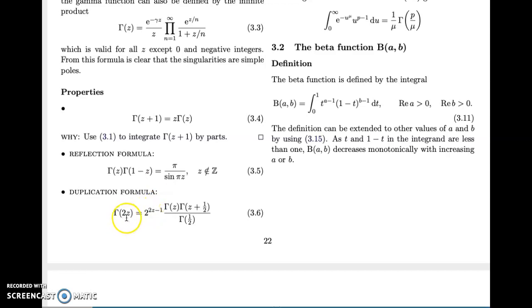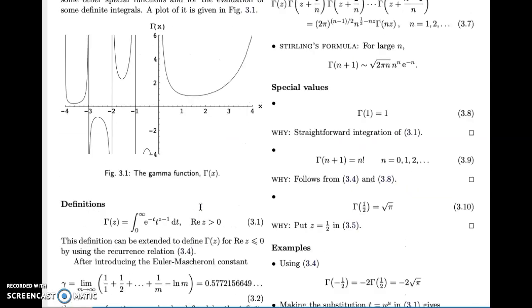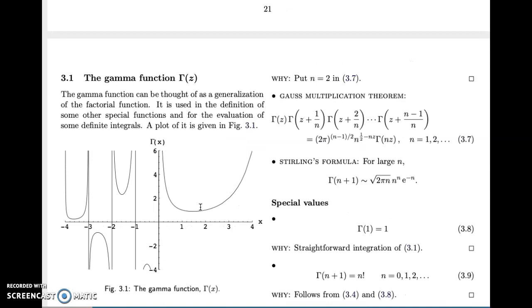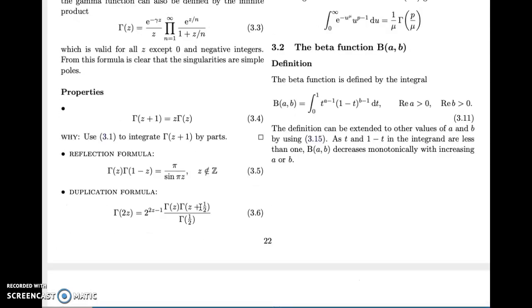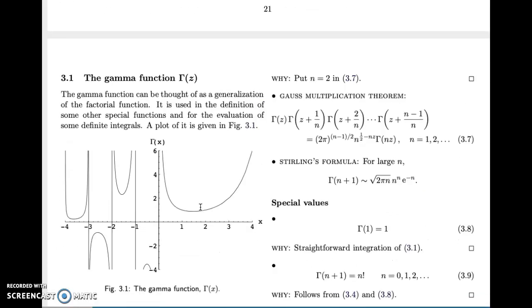Duplication formula, okay, duplication because it's gamma 2z in terms of gamma of z, and gamma of 1/2 is something we'll work out a bit later. So this one is a generalization of the previous result. Again, somewhat complicated to prove, so we won't do it.